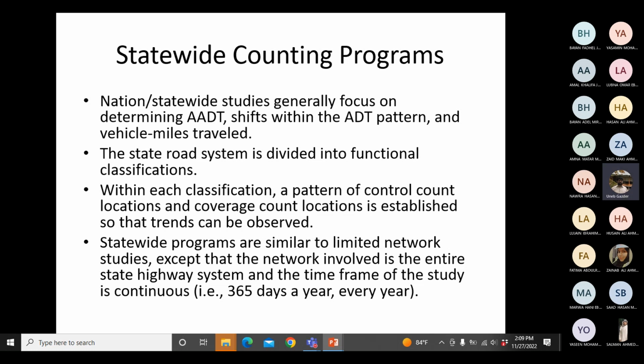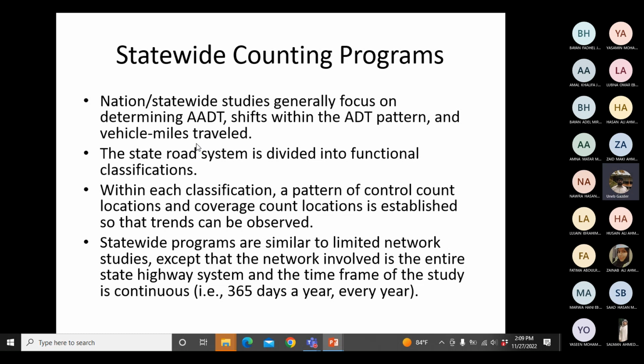So the government is also interested in the shift in ADT, average daily traffic. So how the average traffic changes from one month to another month, one season to another season, and so forth. And they also want to find out vehicle miles traveled for their segments.